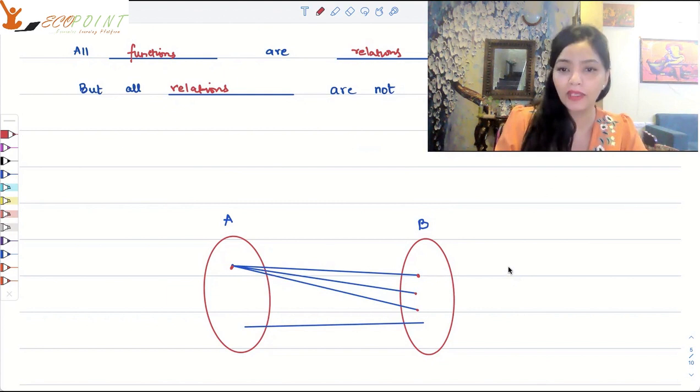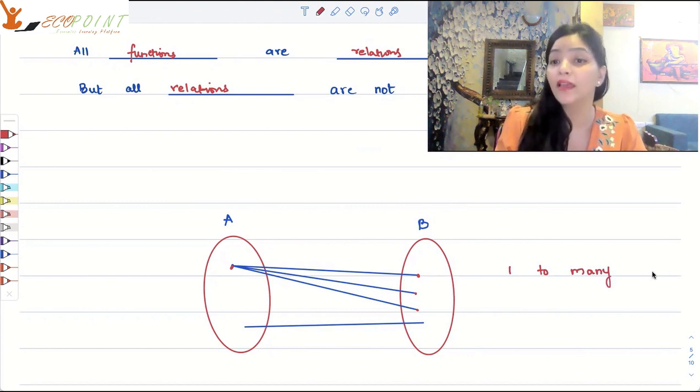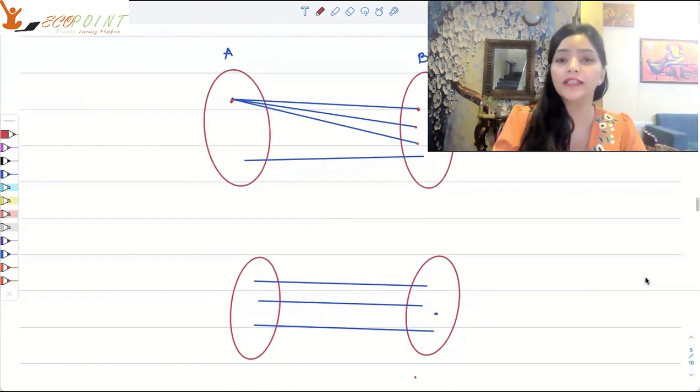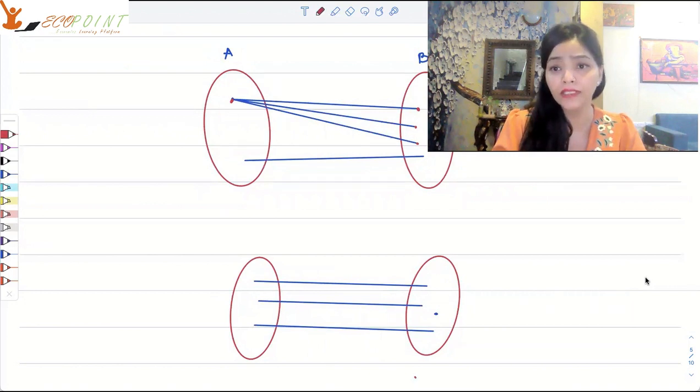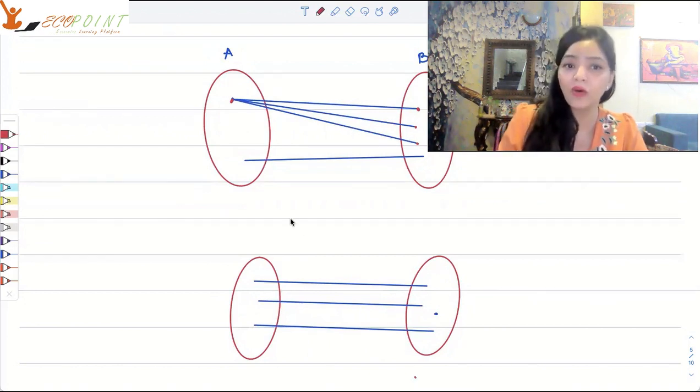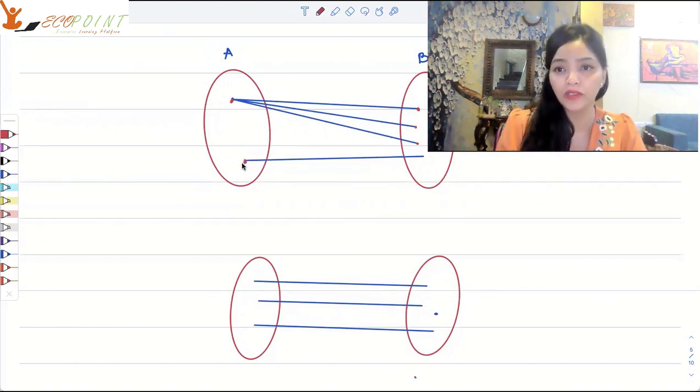This kind of a mapping is one to many because one element is getting mapped to many elements, and this relation is not a function because it is not satisfying the uniqueness part of the definition of function. Yes, all inputs have an output, but some inputs have more than one output, so there's no uniqueness of output, so that's a problem.